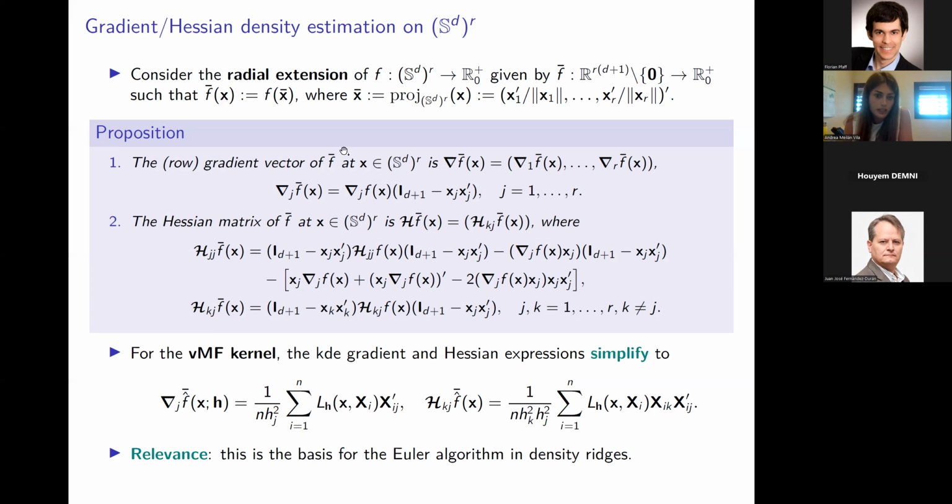Notice that here we have the results in function of f, but if we want to consider the kernel density estimator, the only thing that we have to introduce here is the corresponding estimator. Notice that if we have the von Mises-Fisher kernel, then we obtain simplified versions, both for the gradient and for the Hessian matrix. It's important to mention that the gradient and Hessian density estimators are the basis just for performing the Euler algorithm in the calculation of the density ridge.